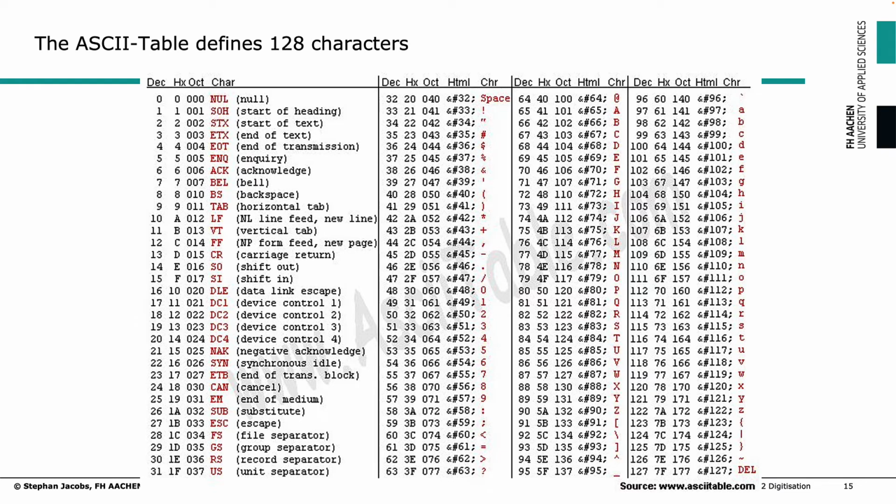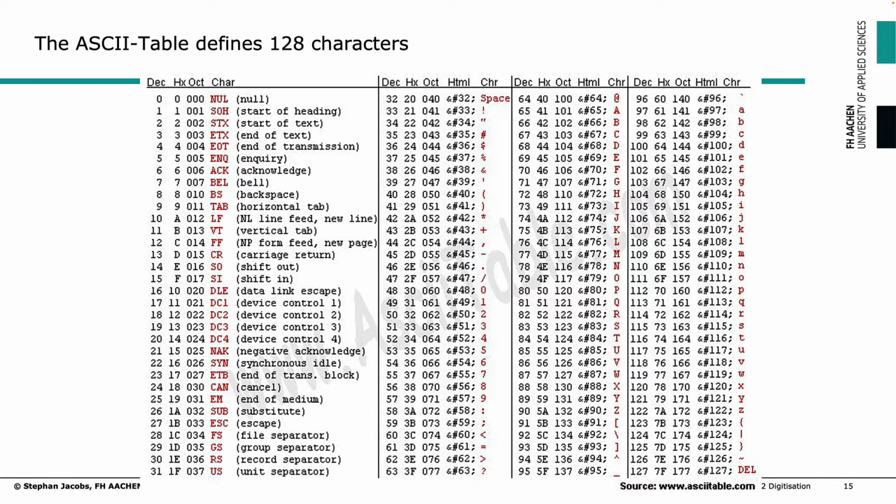What you can see here is that we have represented this table in 4 big columns, and each of these 4 big columns has basically 4 columns: the decimal number, the hexadecimal number, the octal number, and the character.